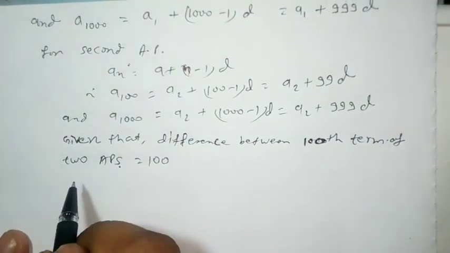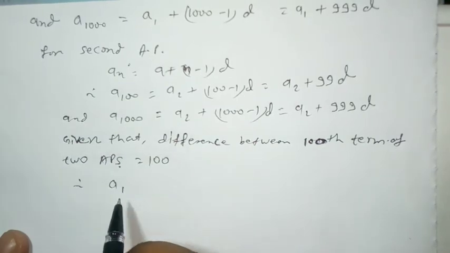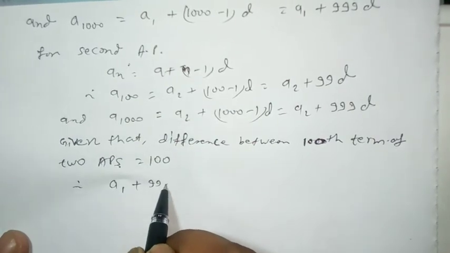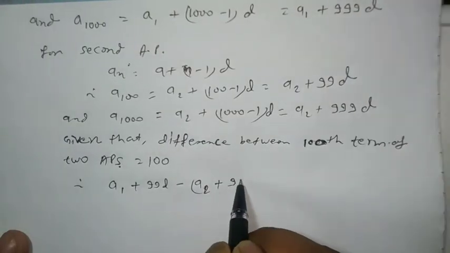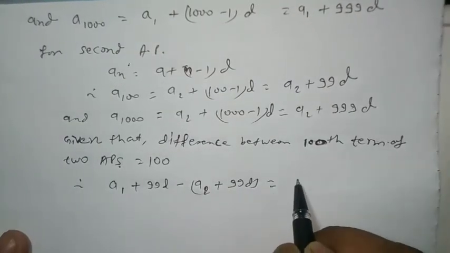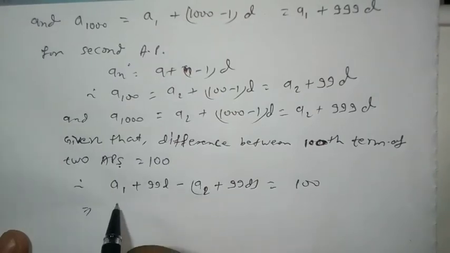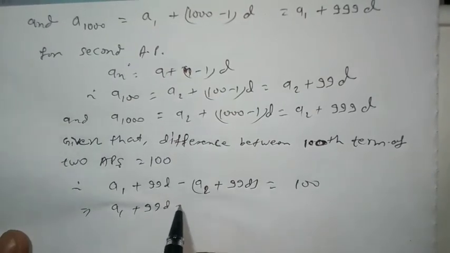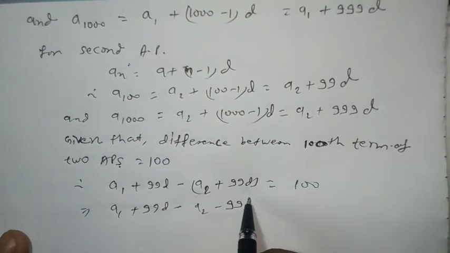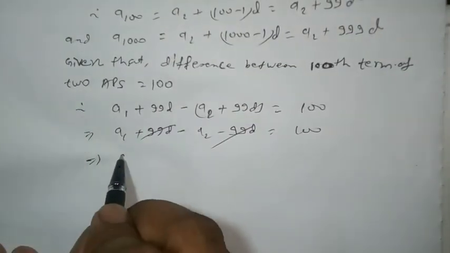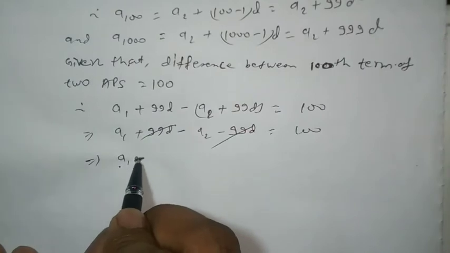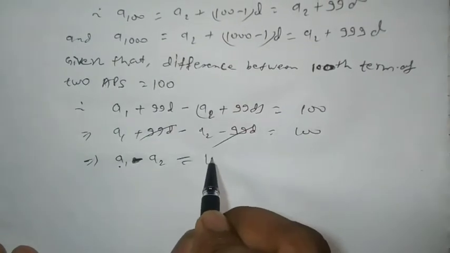Therefore A1 plus 99D minus A2 plus 99D is equal to 100. Implies A1 plus 99D minus A2 minus 99D is equal to 100. 99D cancel. Implies A1 minus A2 is equal to 100, equation 1.